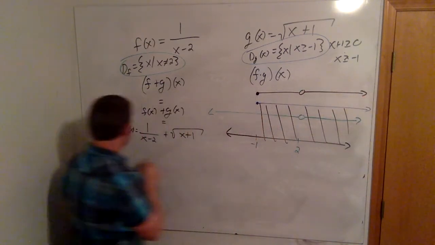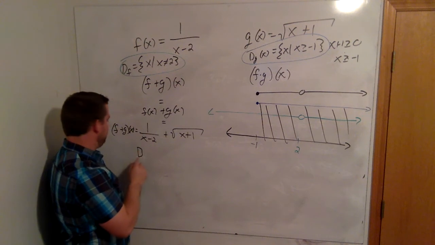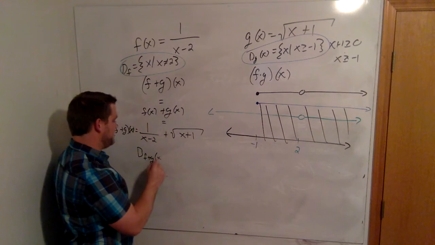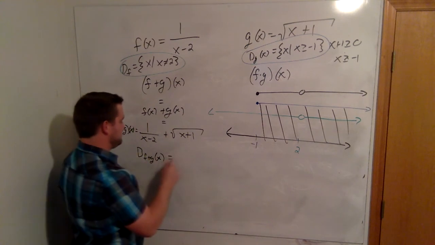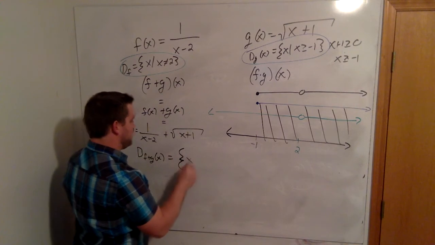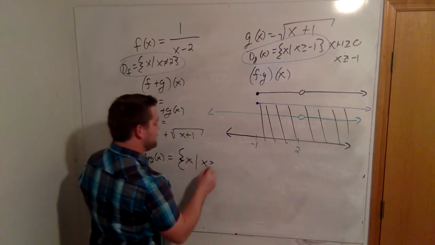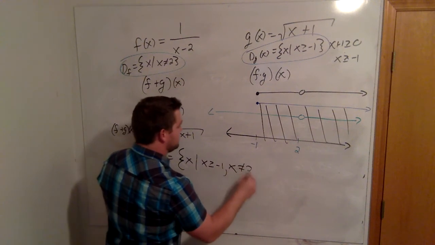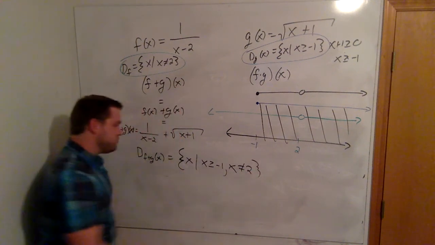So the domain of f plus g of x is going to be all x such that x has to be greater than or equal to -1, and x cannot be equal to 2. There are a couple other ways we could write this.